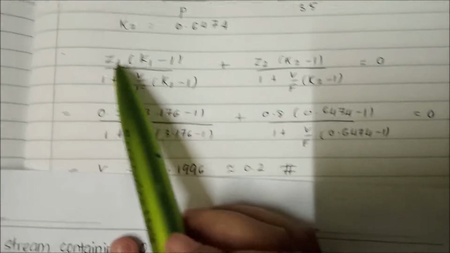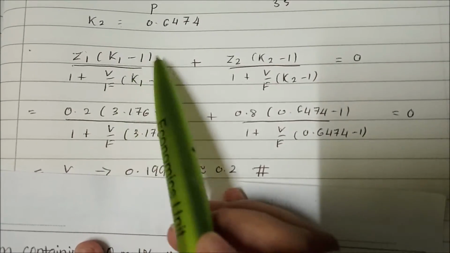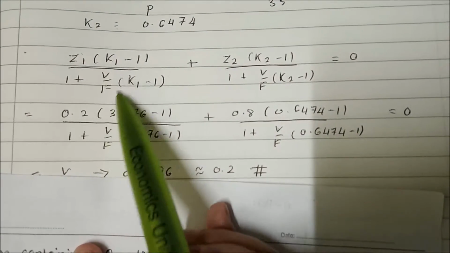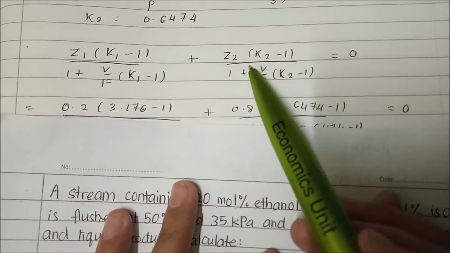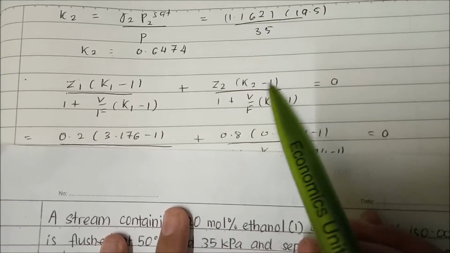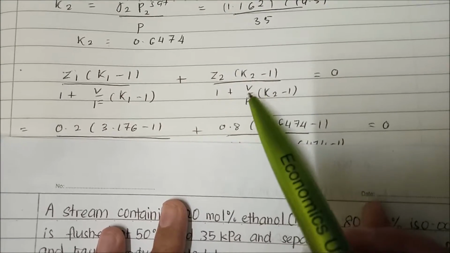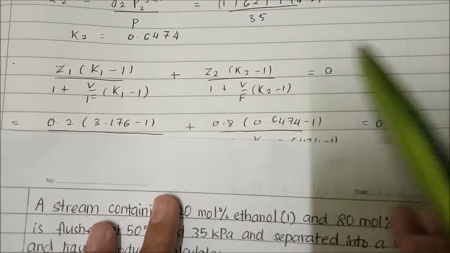So Z1 times K1 minus 1, where 1 is for the component, divided by 1 plus the fraction of feed vaporized times K1 minus 1, plus for component 2, Z2 times K2 minus 1 divided by 1 plus the fraction of feed vaporized times K2 minus 1, is equal to 0.